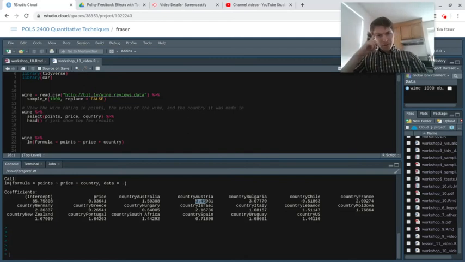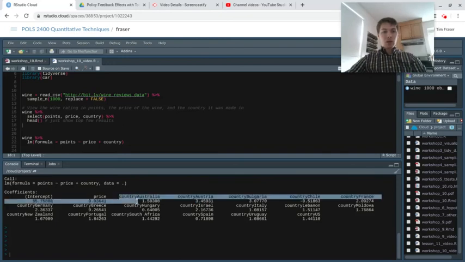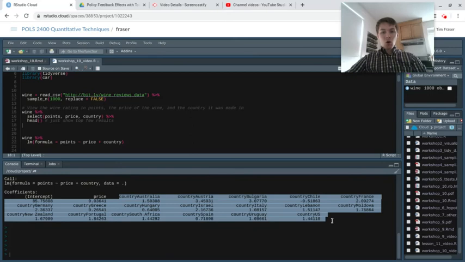Quick thing. It would be hard to know this, but we haven't actually seen all of the countries here. Whenever you use categorical data, one country or one category becomes the baseline.